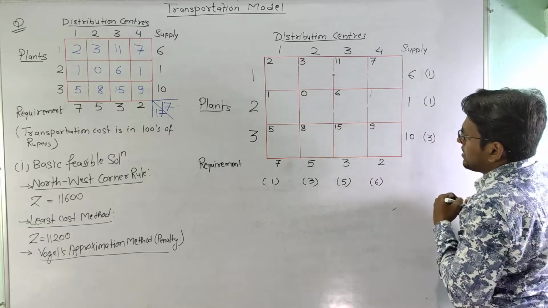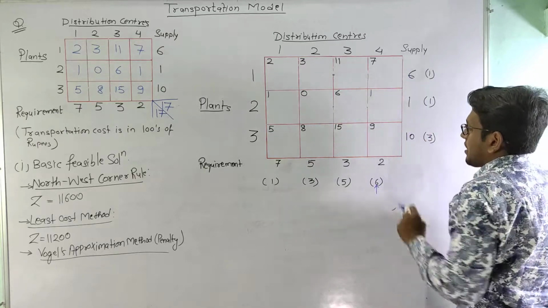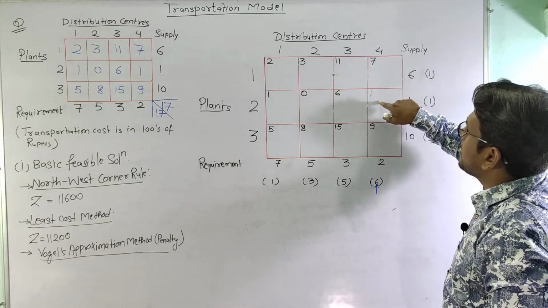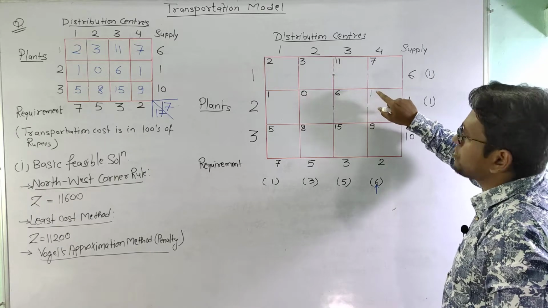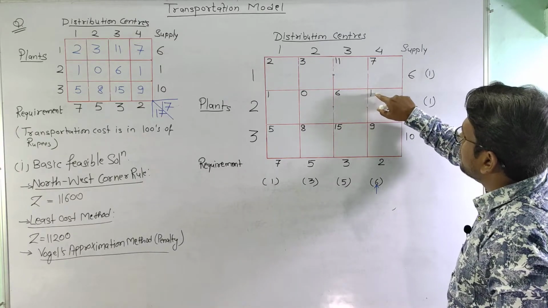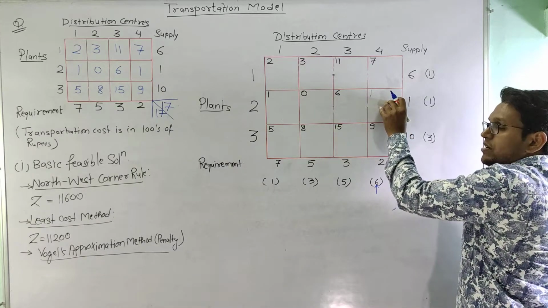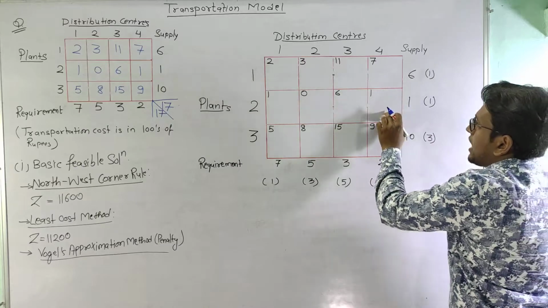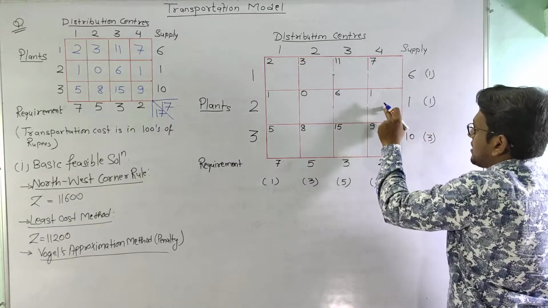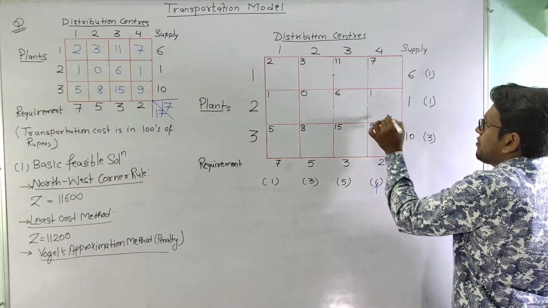So we will select this particular column, and among this column we will select the cell having the lowest transportation cost. As we can see, 1 has the lowest transportation cost, which means we will try to allocate the maximum here. In this cell there is a supply of 1 and a demand of 2, so out of 2, 1 can be fulfilled.